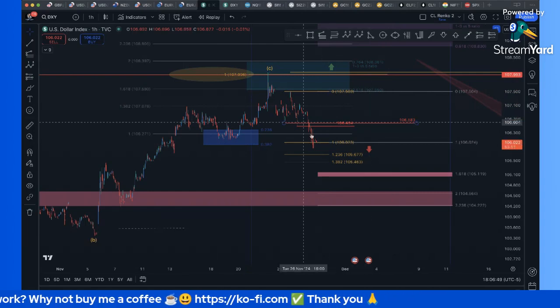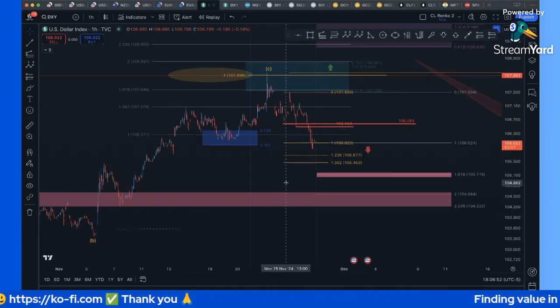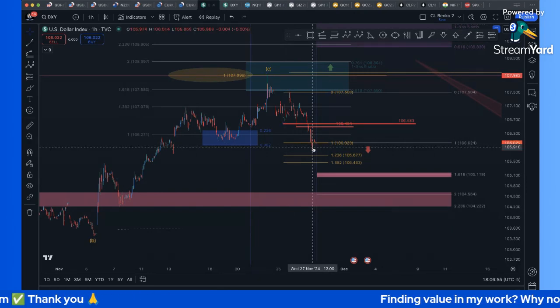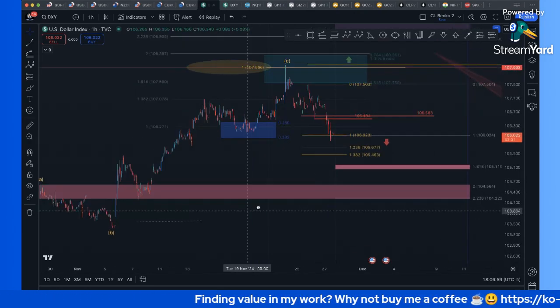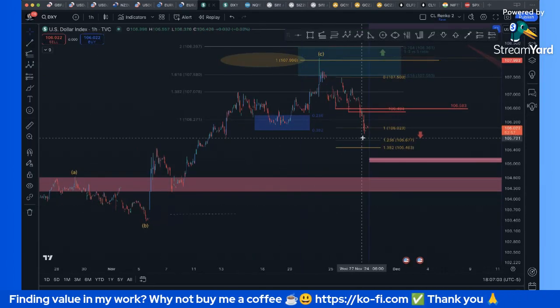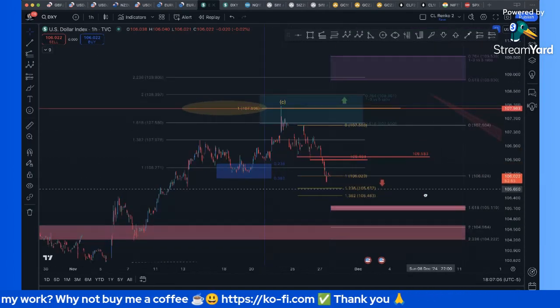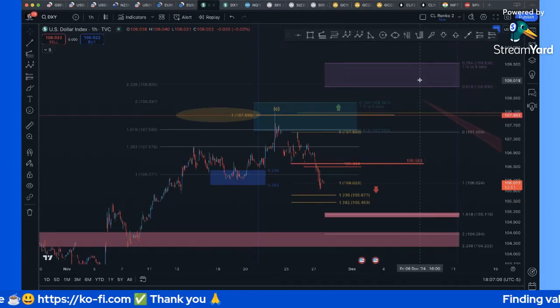As of right now, it is possible that this is the bottom of wave 4 and that my count is actually 1, 2, 3, 4, with a 5th wave, one more wave higher for the dollar.